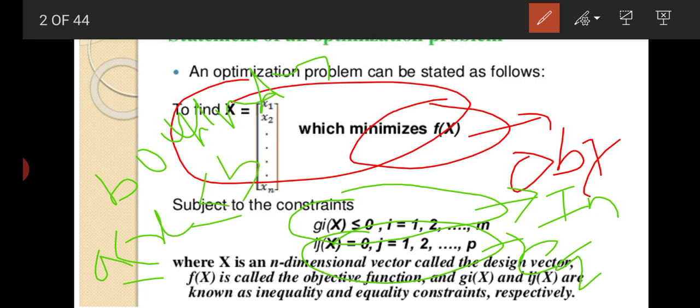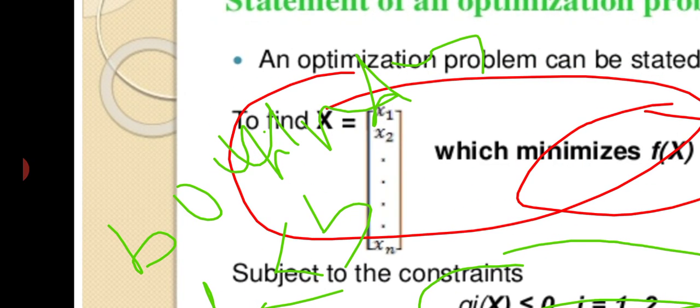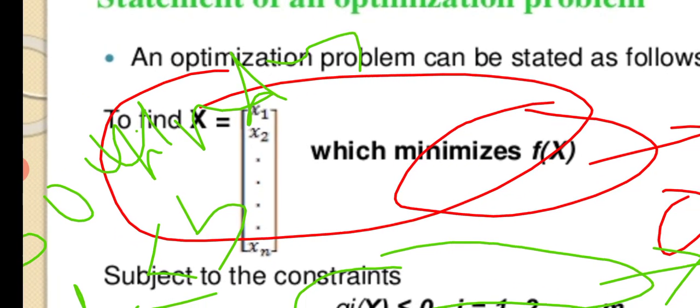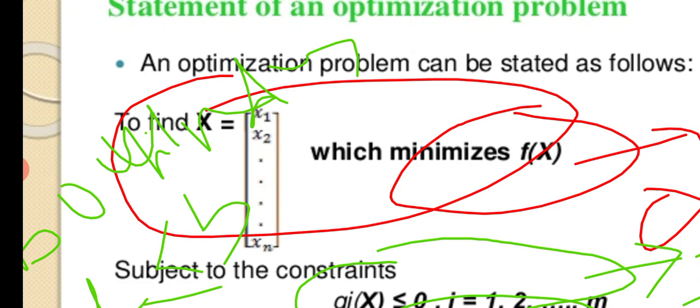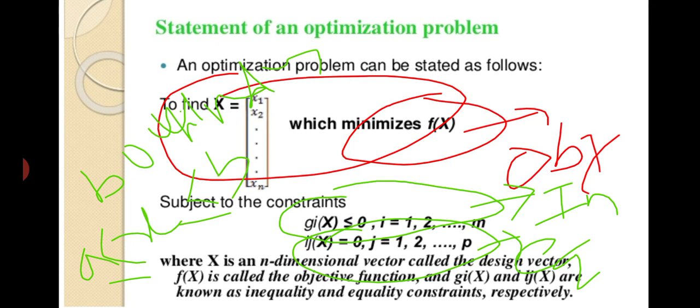In this form we have defined the optimization problem. Now coming to the different aspects: f(x) is a function of the variable x, and x is a vector consisting of any number of values. So there are two types of optimization problems categorized: first is the unconstrained problem, where constraints are not there, and the other is the constrained problem.